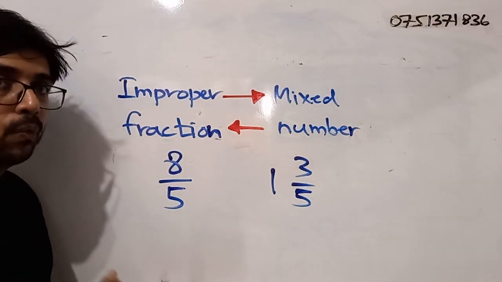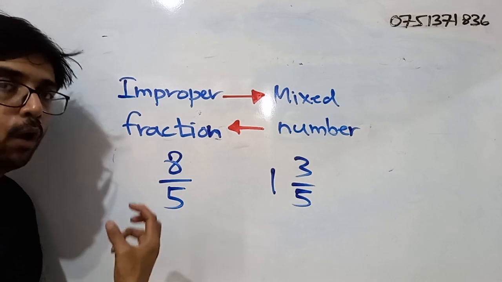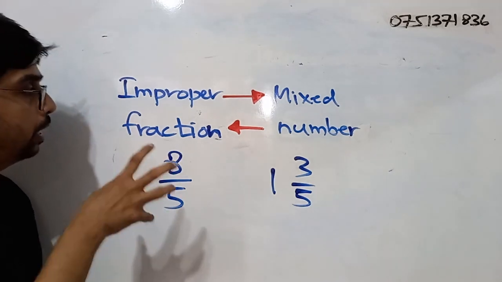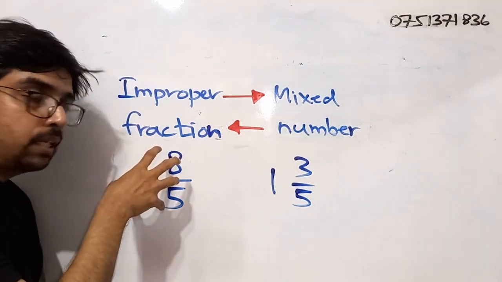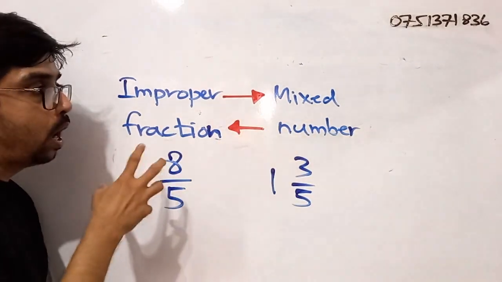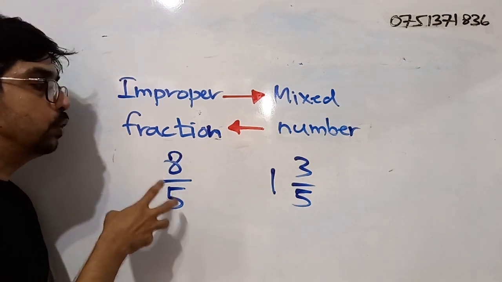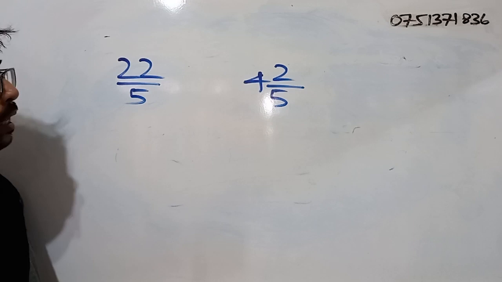So now we have to learn how to do that. That means, how do we convert an improper fraction into a mixed number, and also how we convert a mixed number into an improper fraction.